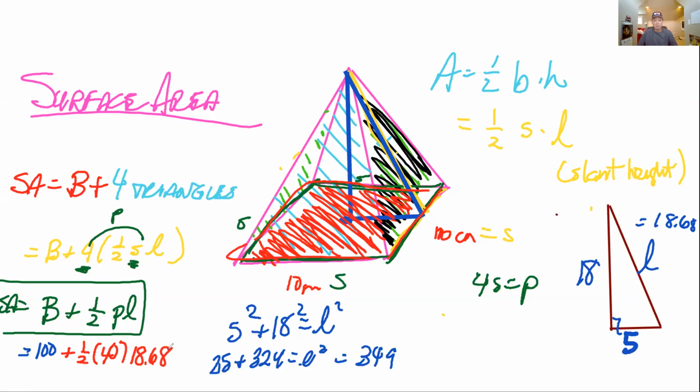And I simply add them up. 100 plus 0.5 times 40 times 18.68. And now the total surface area of my fancy little pyramid there is 473.6. Now, this is area, not volume, so it's centimeters squared. And that's how I do it.